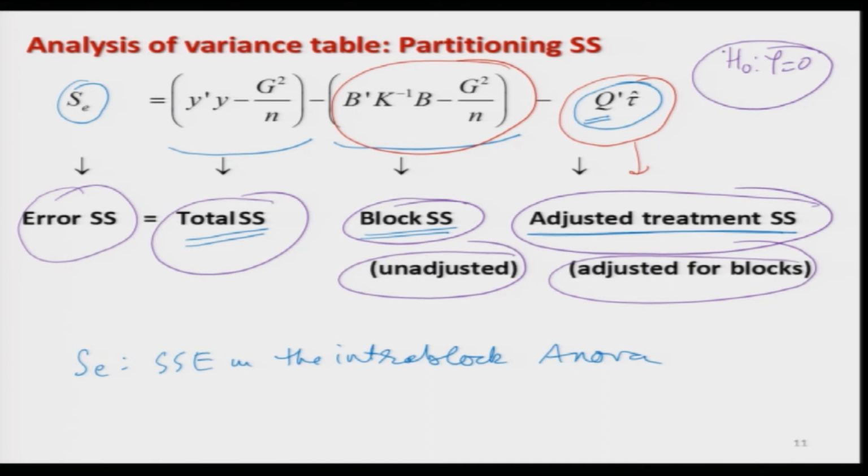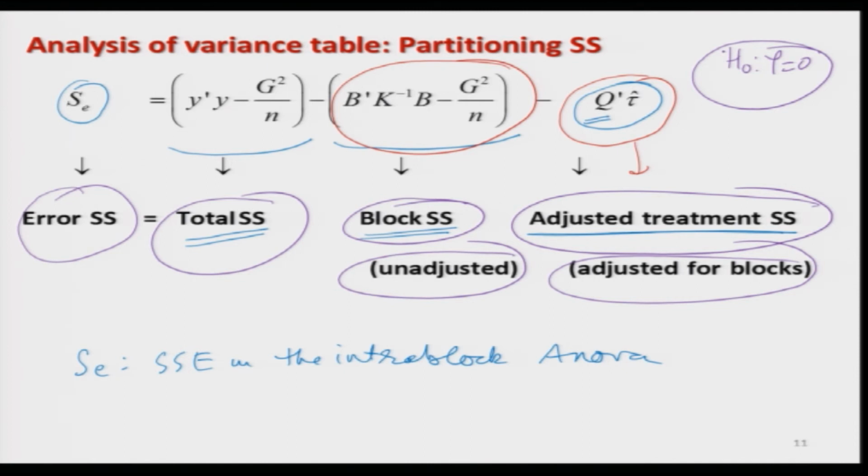Similarly, in case you are trying to conduct the analysis of variance for the test of hypothesis for the equality of the block effects, then you are going to obtain the block sum of squares as adjusted block sum of squares and the treatment sum of squares as unadjusted treatment sum of squares.